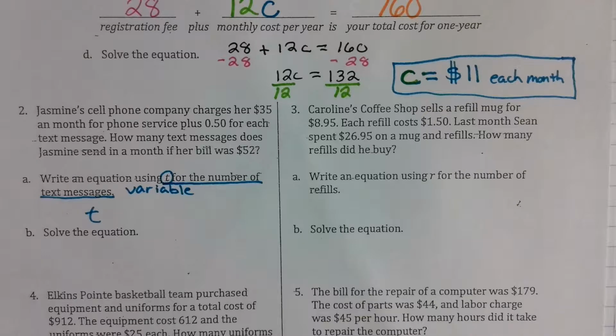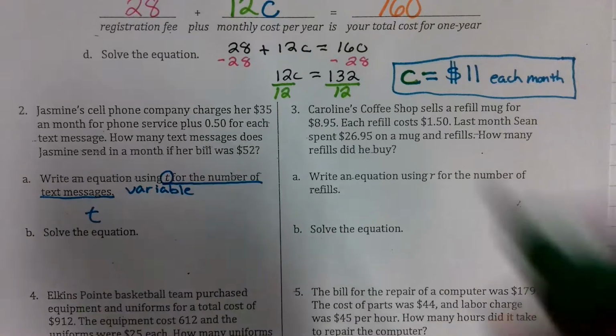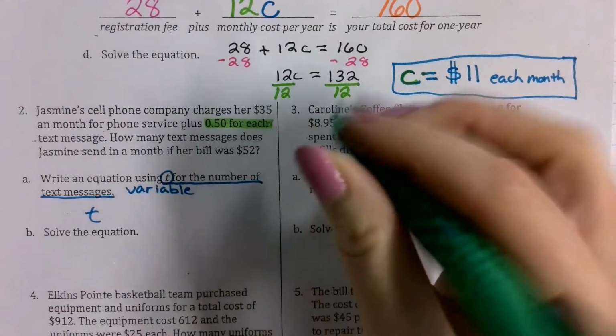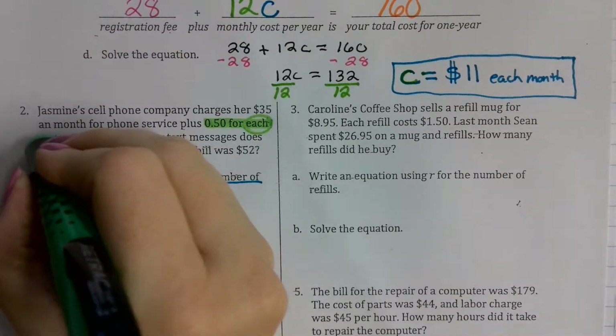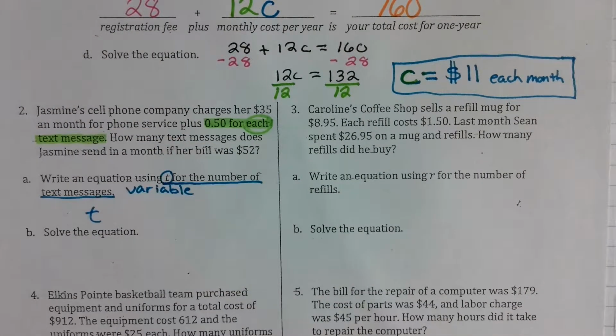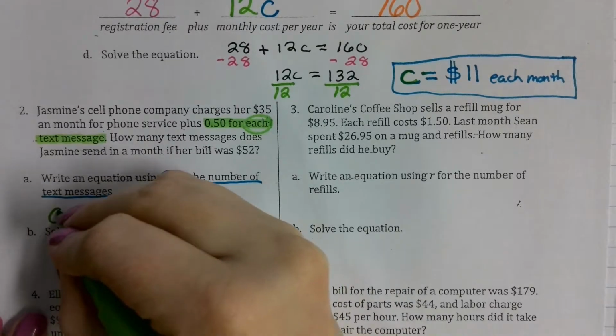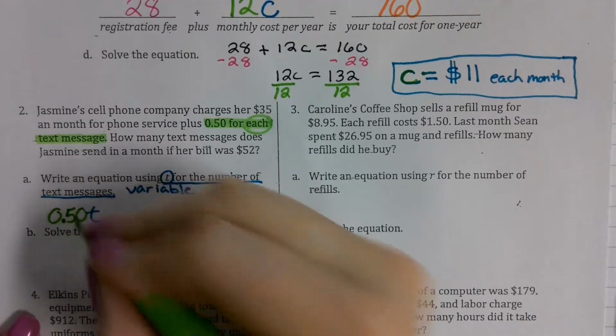Where in here do we see a coefficient value? Allison. The 0.50, because it says 50 cents for each, that key word right here, each text message. So in front of the T, I need to put 0.50. That's my coefficient.